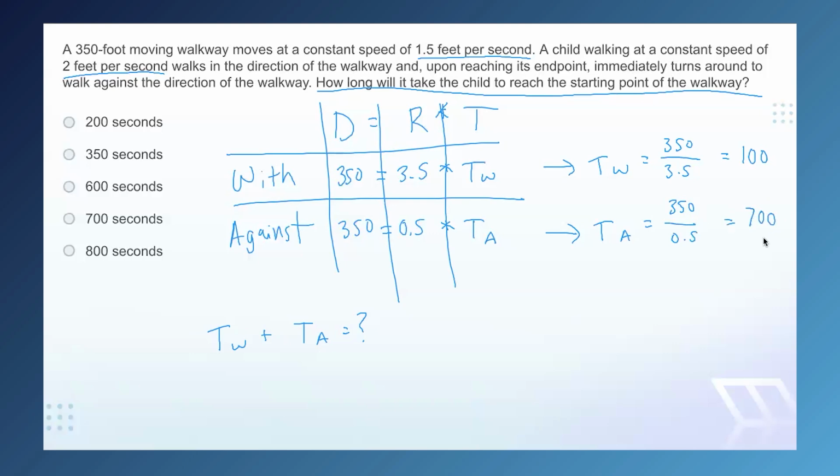Now, again, note that this is not the answer. We are not solving for T sub A. We're solving for the total time. So taking these values and plugging it into our little expression here, we get 100 plus 700 equals 800 seconds of total time. And the answer is E.